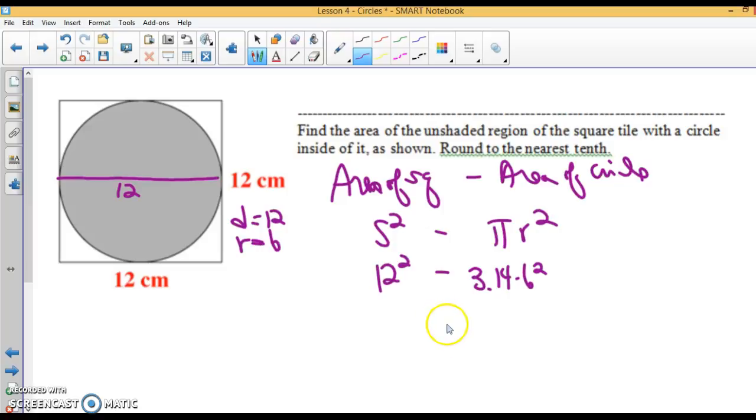When you punch this in, you get 30.96, and it will be centimeters squared. And if you did this piecemeal, it would be 144 minus 113.04. That's the area of our square minus the area of the circle. That's what's left over.